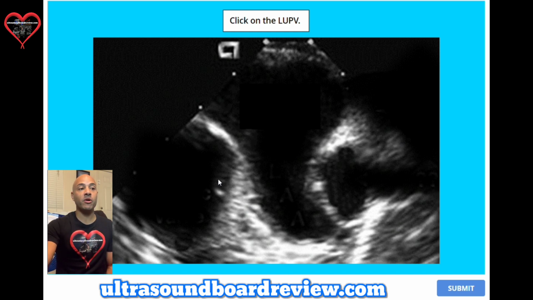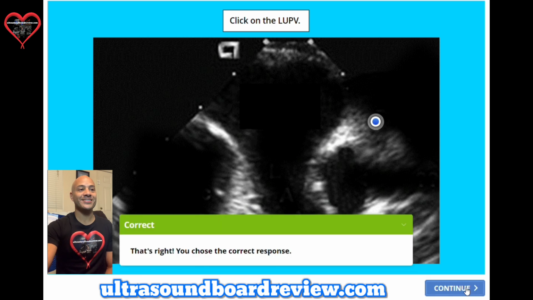The best way to figure out these types of questions is to look at the rest of the anatomy and see if you can identify something that looks familiar. For instance, this is probably the left atrial appendage here. And if that's the case, then the left upper pulmonary vein is going to be right here. So we'll click that and move on.